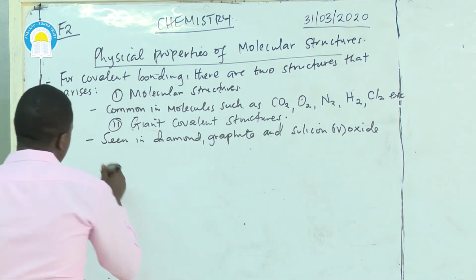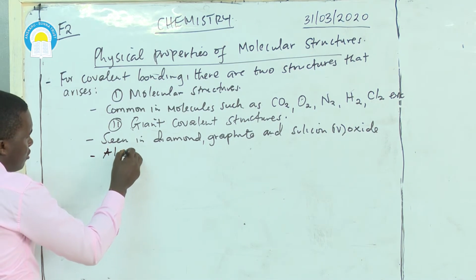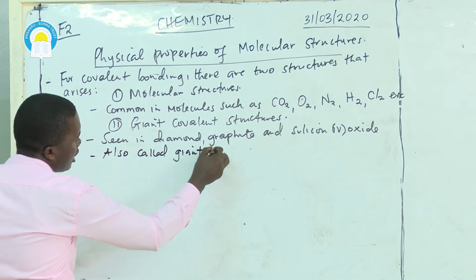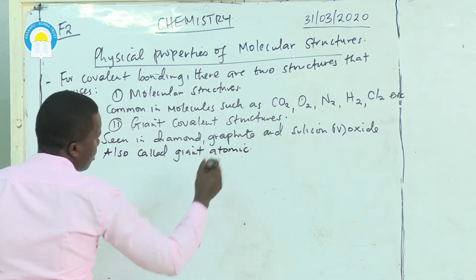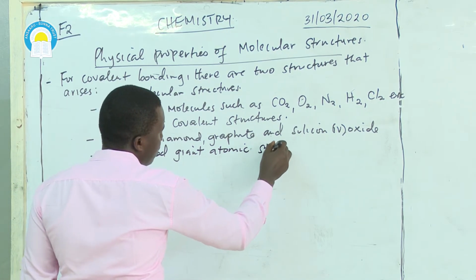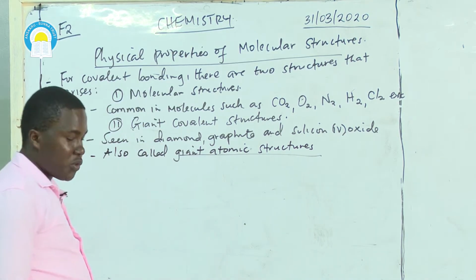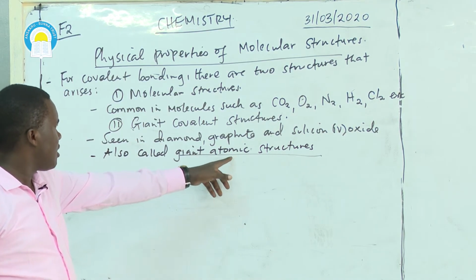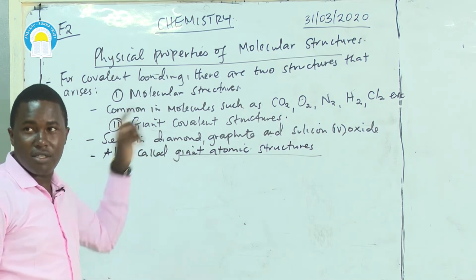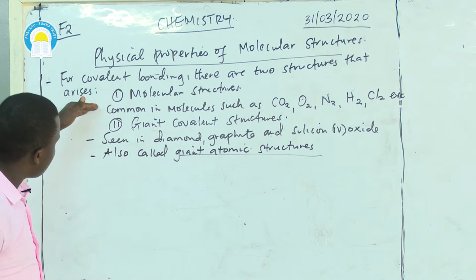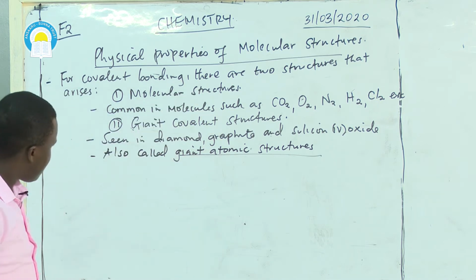This giant covalent is also called giant atomic structures. So some books will talk about giant atomic structures, which is the same as giant covalent structures. So I want us to look at the physical properties of molecular structures.